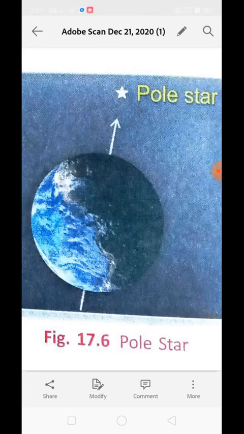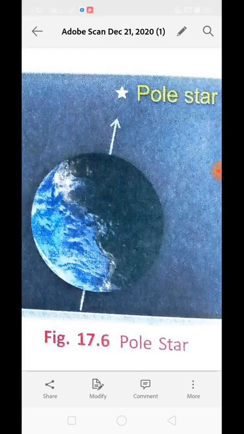Stars are not moving. The pole star is situated just above the north end of the axis of rotation of the earth. Therefore it does not appear to move or rotate like other stars. This star is also known as the North Star because of its location. The pole star has been of great significance for navigators and travelers for a very long period of time.